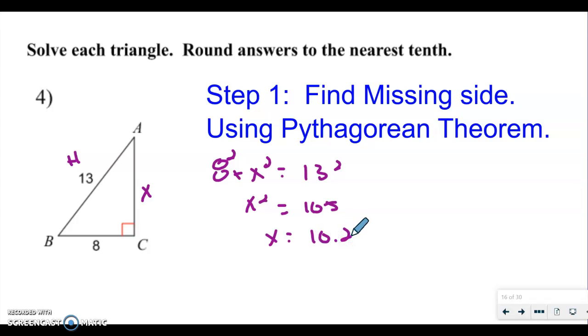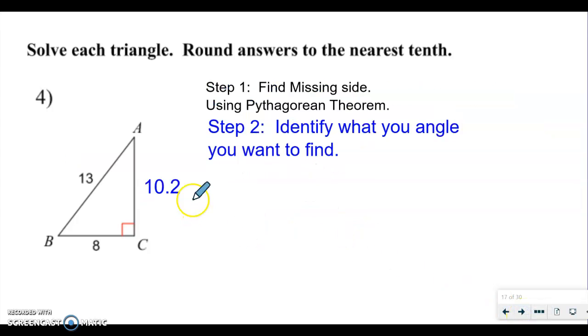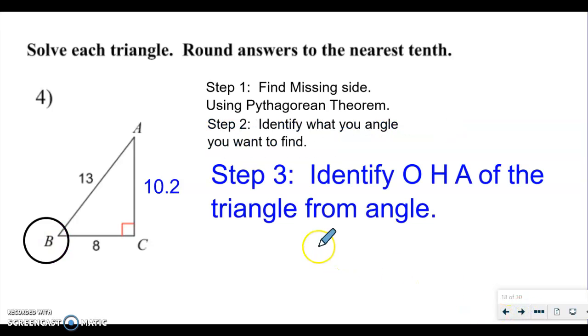Okay. All right. So after we find that missing side of 10.2, you want to identify the angle you want to find. We can choose any angle. I'm just going to choose angle B because that's the first one I saw. After we do that, we want to identify the opposite, the hypotenuse, and the adjacent based off that angle.